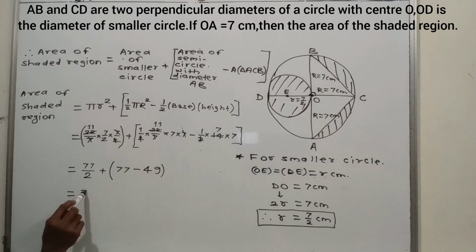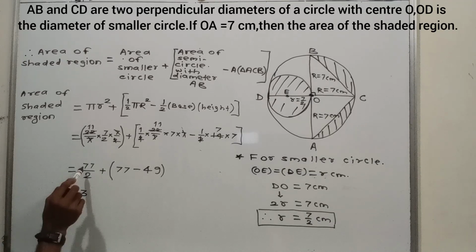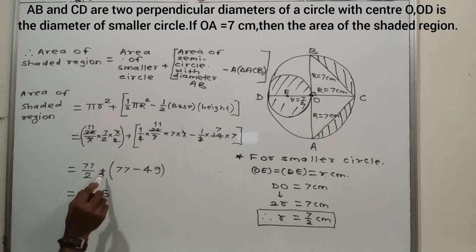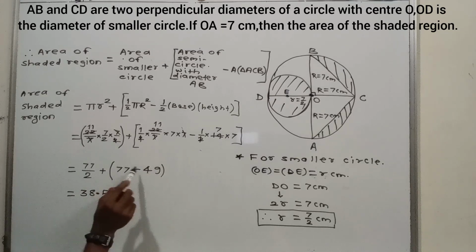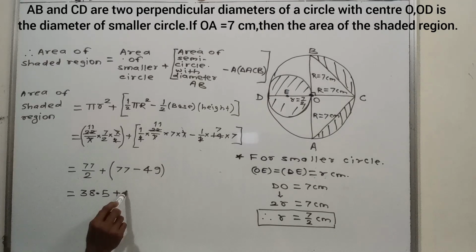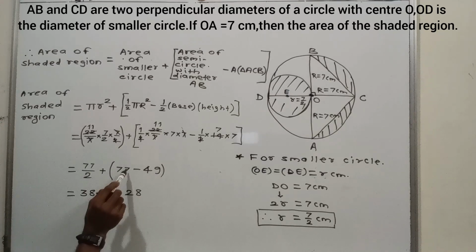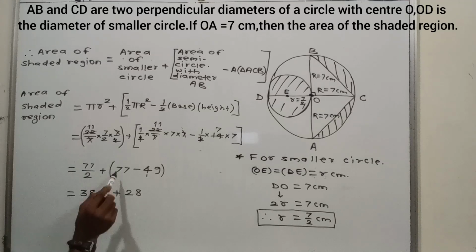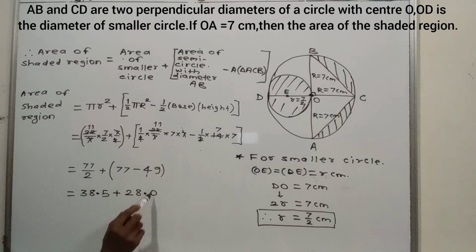Therefore, 2 3s are 6, 7 minus 6, 1, 17. 2 8s are 16 and 2 5s are 10, plus the subtraction: 17 minus 9, 8, carry 1, 7 minus 5, and 0.